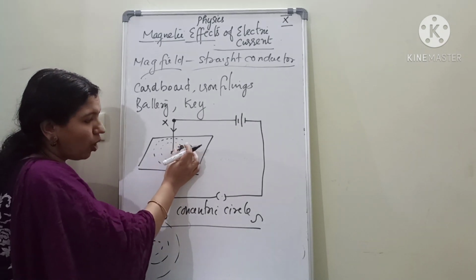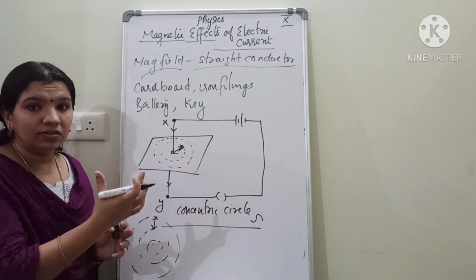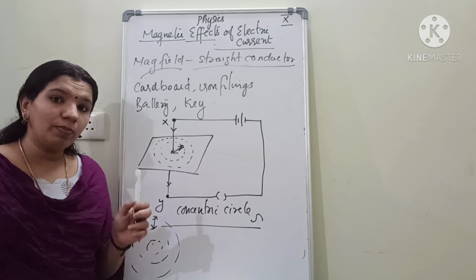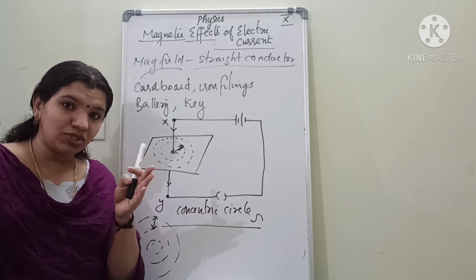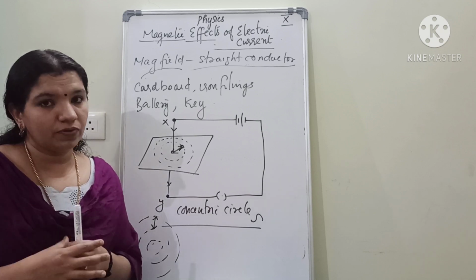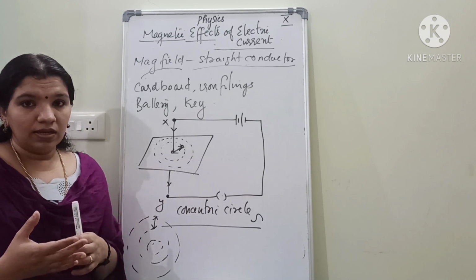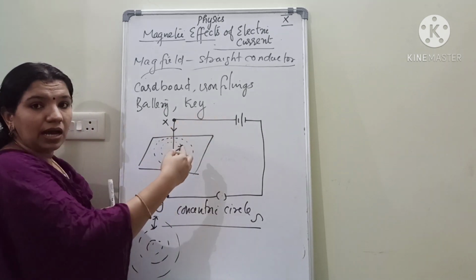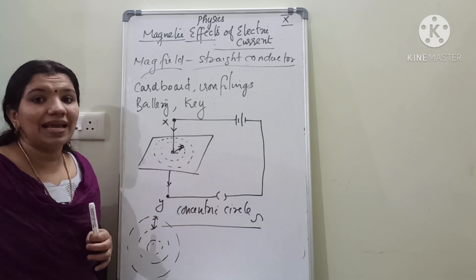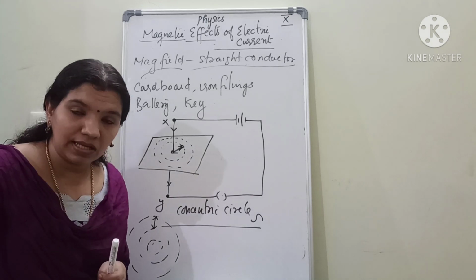So the distance between the conductor and the point is also a factor. Because as the distance increases, what will happen? The strength decreases. So the magnetic field lines will be formed apart. There will be a larger distance or gap between the circular field lines. Clear? And if you are increasing the current, more field lines are produced, which indicates that the strength of the magnetic field is increased.